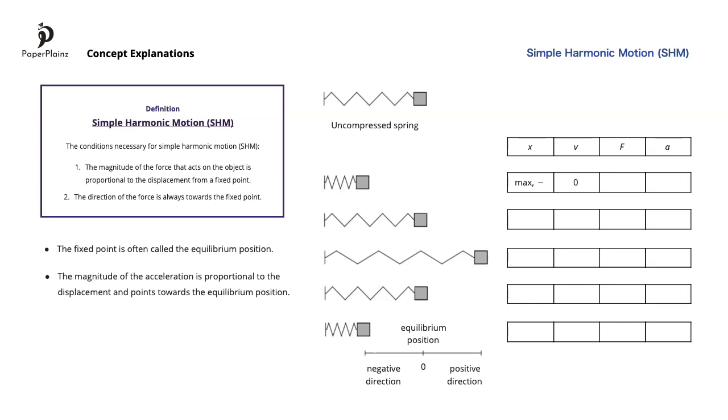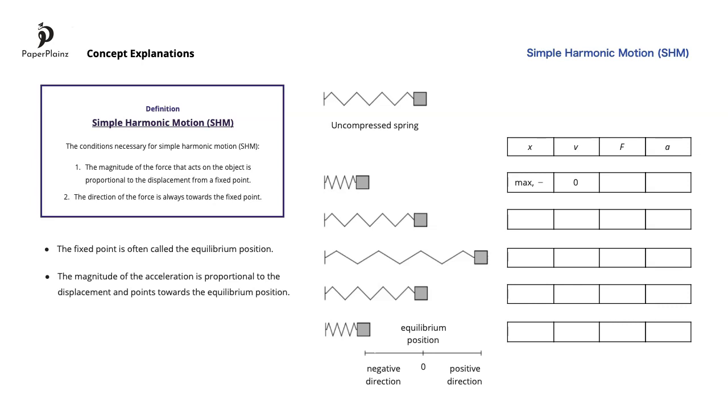There are two ways to think about the force that acts on this object. The first is to focus on the spring. As we compress the spring more and more, the force it exerts on the object increases. As a result, at the maximum compression of the spring, the magnitude of the force must be at its maximum.